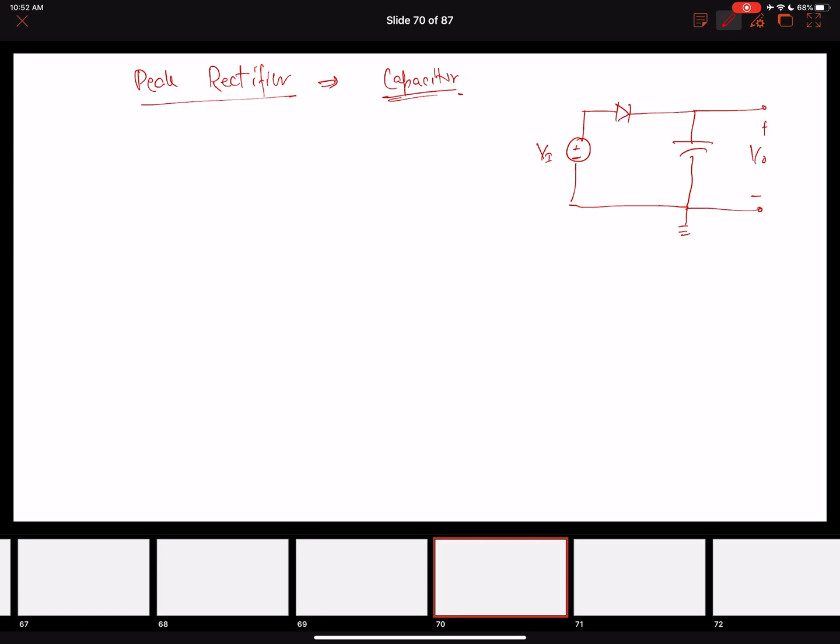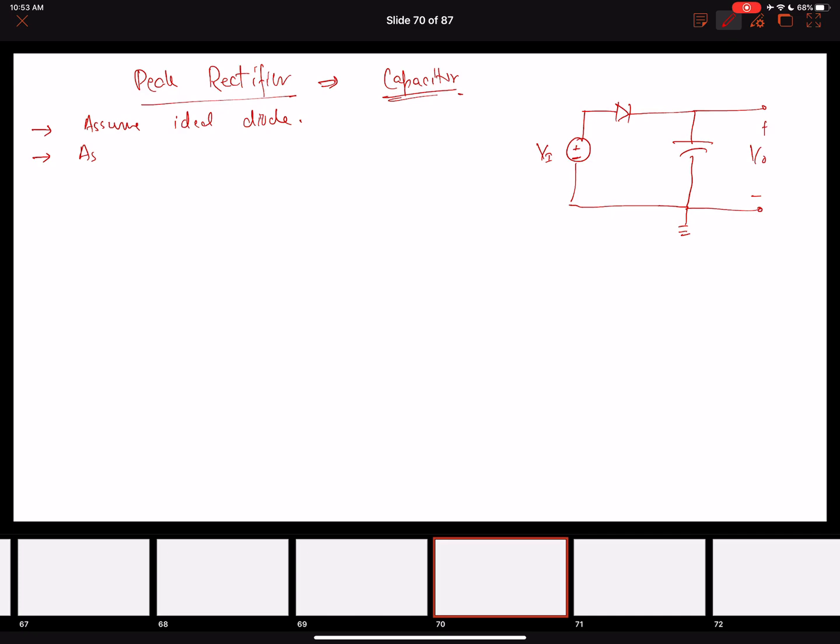And now we have connected a capacitor. And what this will do is, we are going to realize that this is going to provide us a much better DC waveform. And how we will do that? Let's analyze it. For easier analysis, assume an ideal diode.